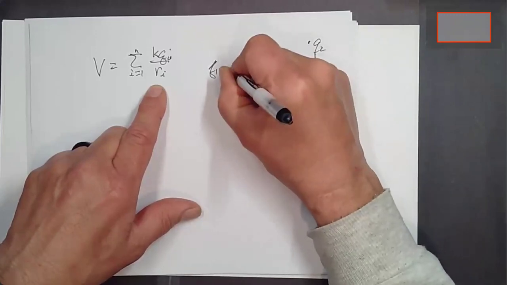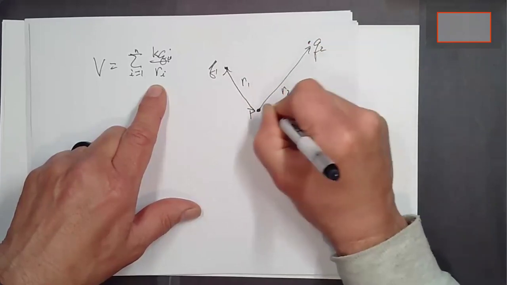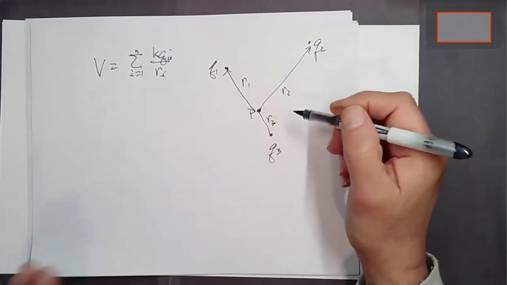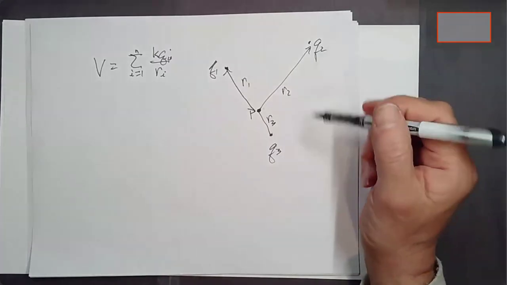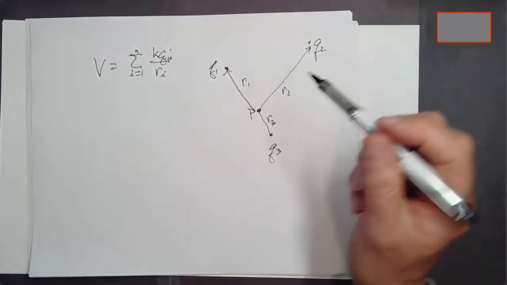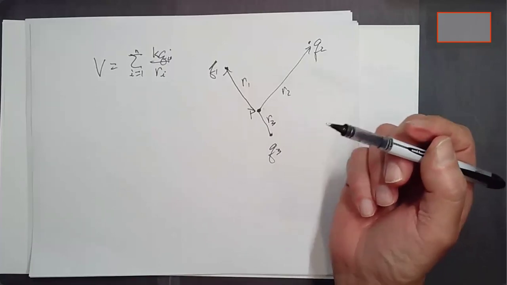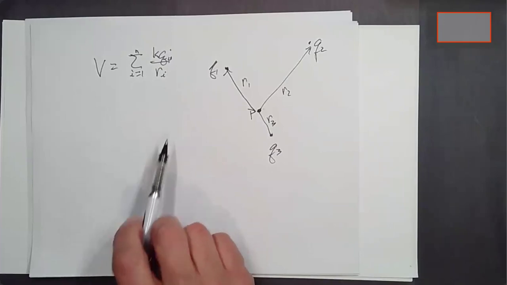This distance would be R1, this distance would be R2, and this distance would be R3. But all three of those things are just distances. They're not vectors. And so you don't have to worry about directions and components of forces or anything like that. It's just a nice scalar calculation.